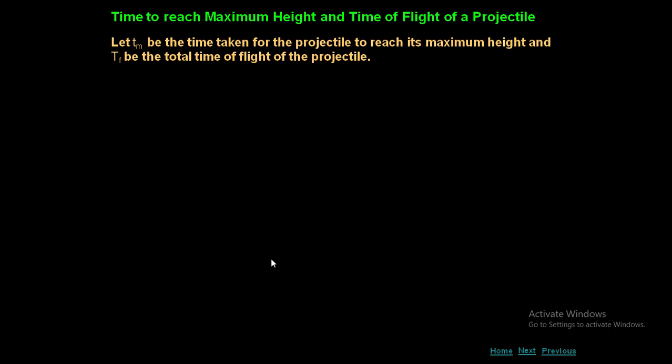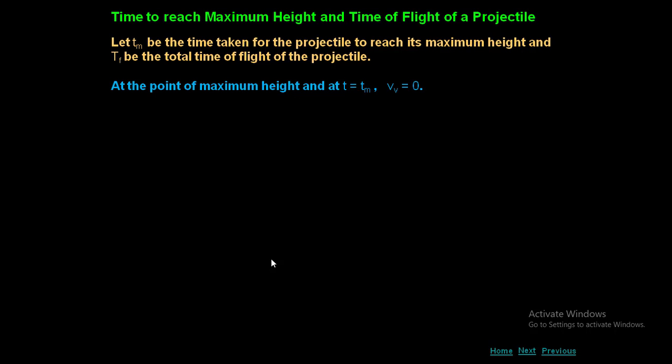Time to reach maximum height and time of flight of a projectile. Let Tm be the time taken by the projectile to reach its maximum height and Tf be the total time of flight of the projectile. At the point of maximum height, at time t equal to Tm, Vy is equal to 0.